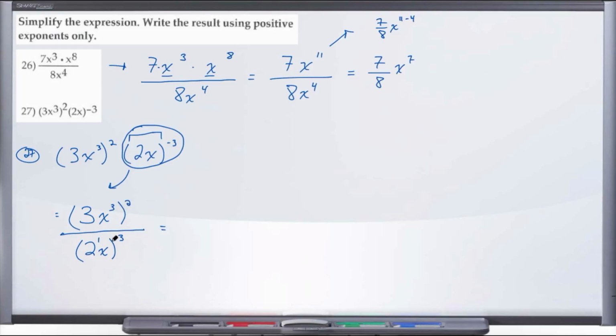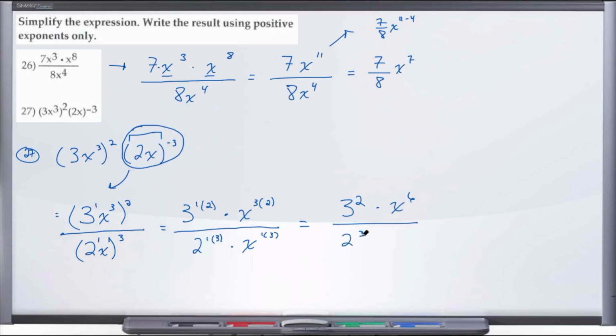Because we can write an exponent here for each of these numbers, we have 3 to the 1 times 2, and then x to the 3rd times 2, over 2 to the 1 times 3, times x, and this x is also being raised to the first power, so we have x to the 1st times 3.